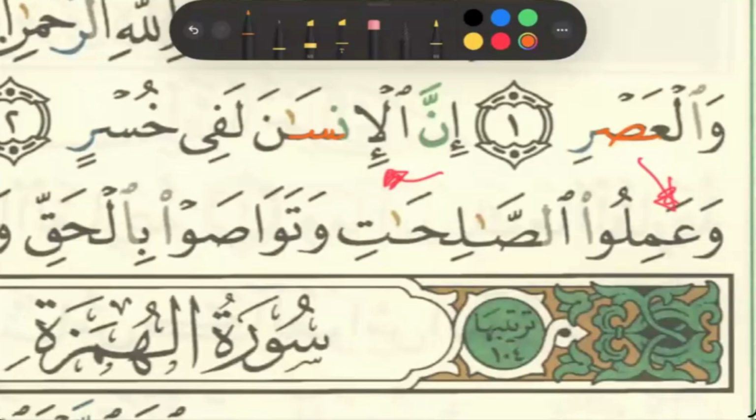Now, I'll point out something to you here. Look at this seen connecting to the letter before it, connecting to the letter after it, which is a ra. Notice here, this word khusr, this seen here, and this word asr here, this sod. What happened? Let me show you.